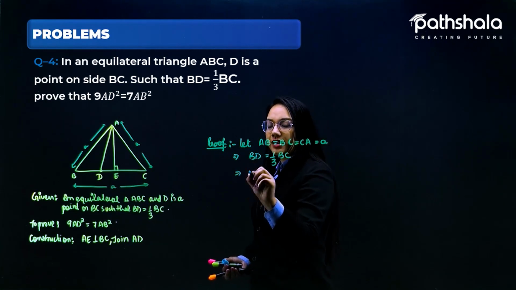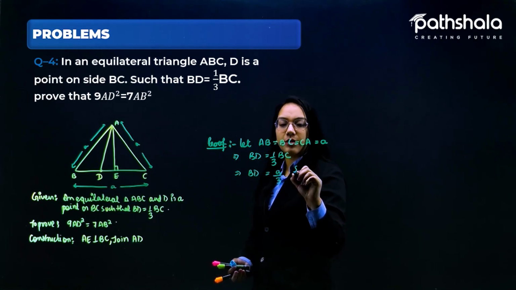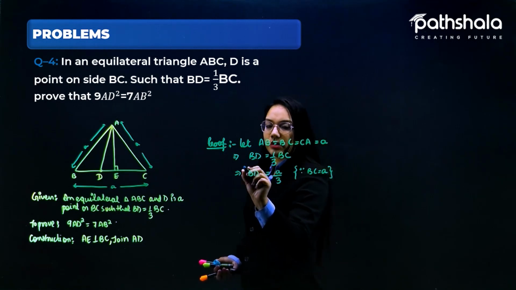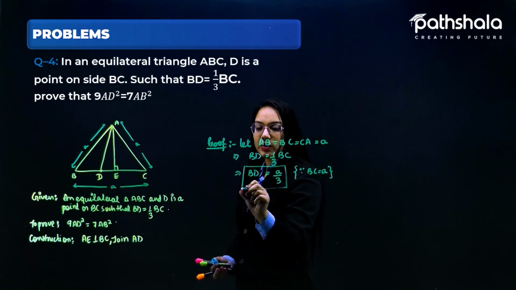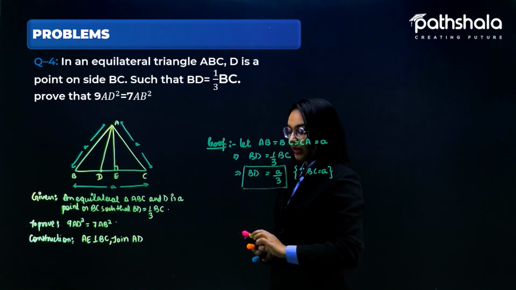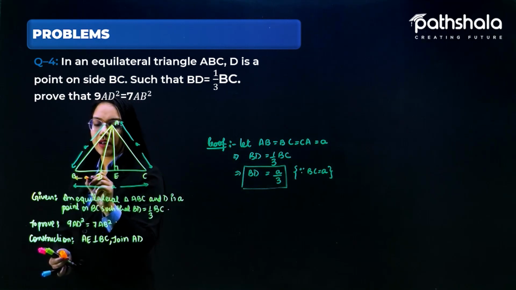It means we can write BD as A/3, since BC is equal to A. So BD over here is A/3.